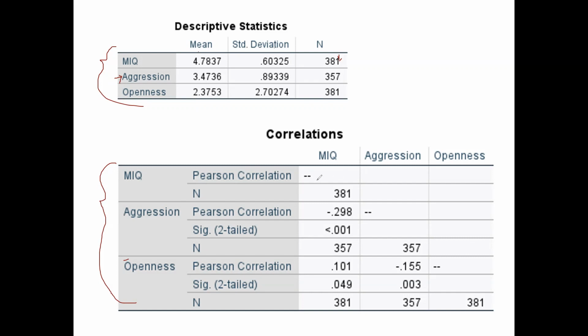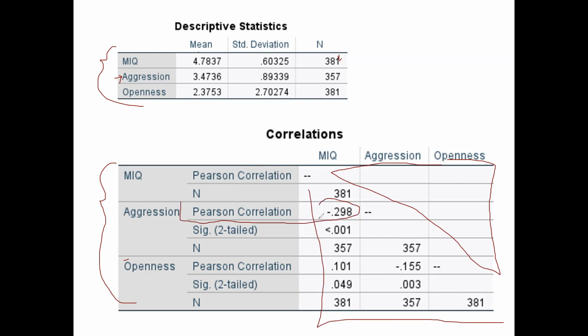So here's our correlation table. SPSS sometimes gives you both quadrants, the exact same correlations, but I'll show you how to select so it just gives you the bottom here. The correlation you're interested in is the one right across from Pearson correlation, right? So here, negative 0.298. This value we'll talk about later. This is the sample size, okay? And the way you report a correlation is R, and then you put in parentheses the degrees of freedom, which is N minus 2.